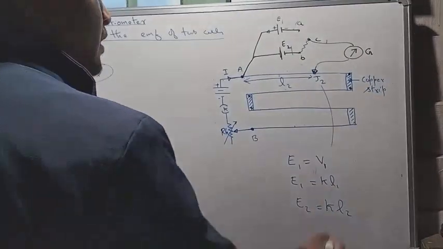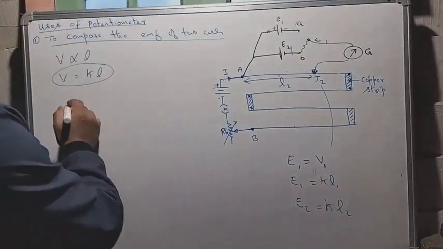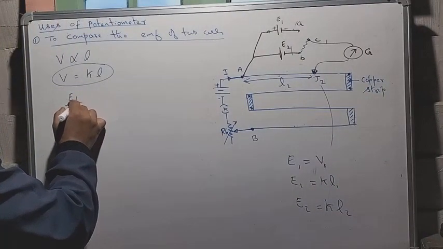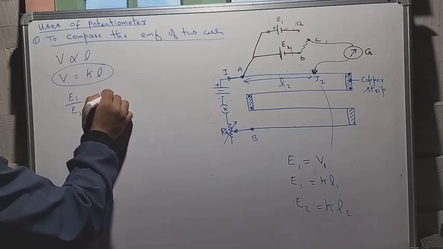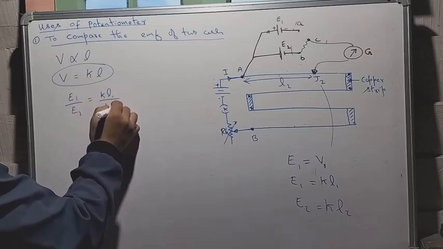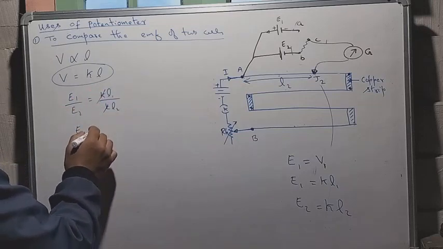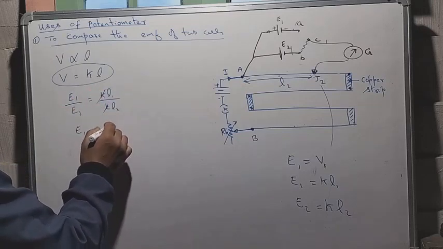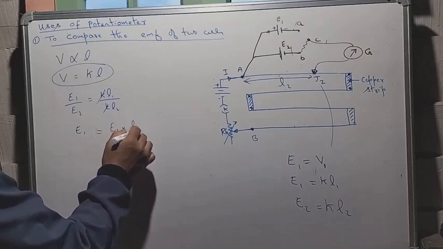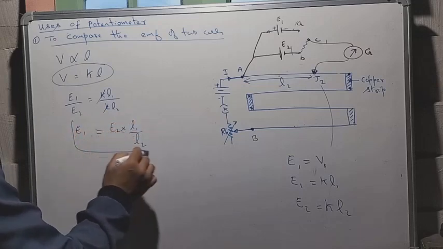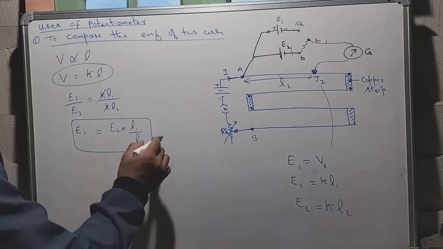Now from these two equations, when I divide E1 by E2, I get KL1 by KL2. This K cancels with this K, so E1 equals E2 times L1 upon L2. Look at this equation.